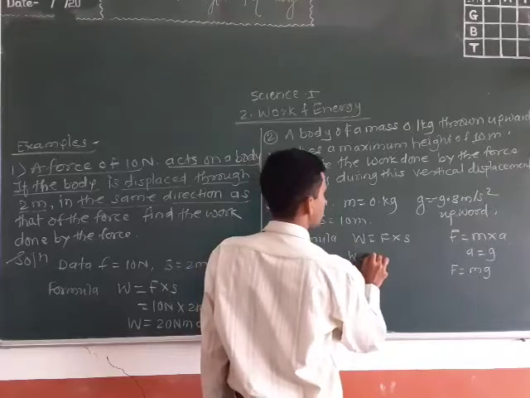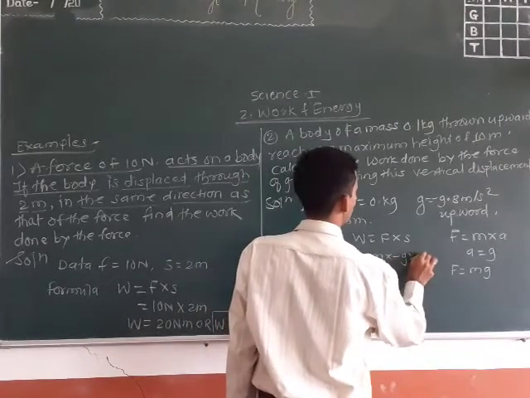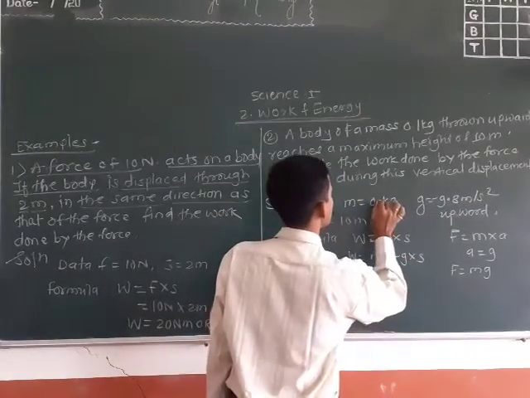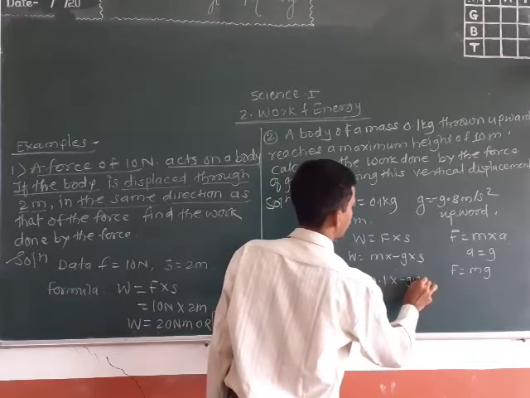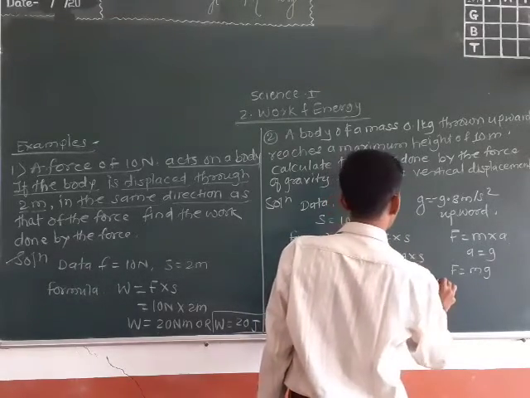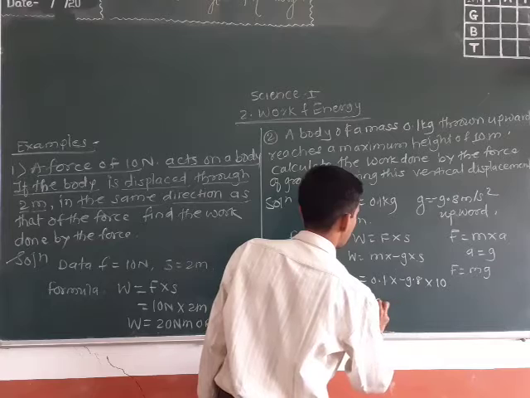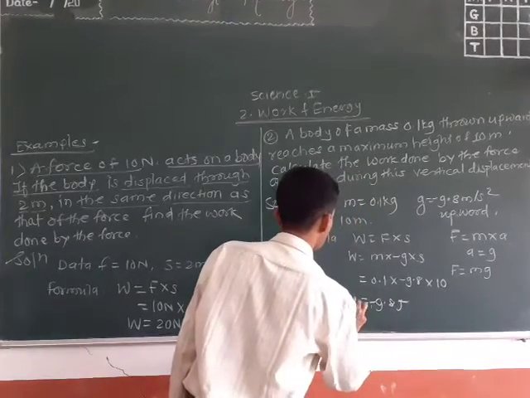W is equal to m into minus g into s, which is 0.1 multiplied by minus 9.8 into 10, equal to minus 9.8 joule.